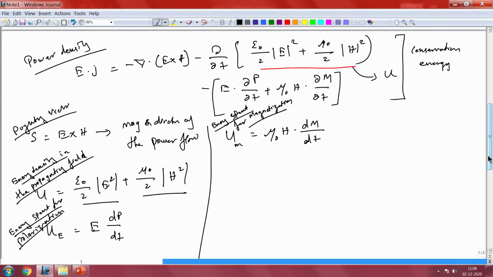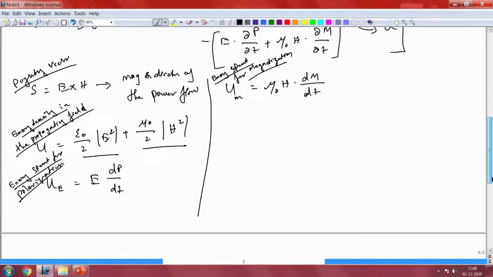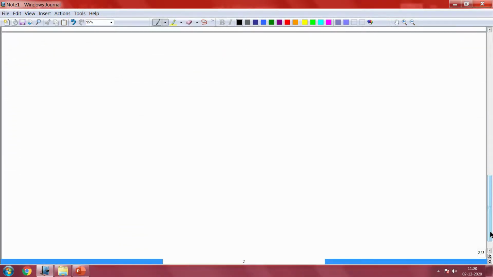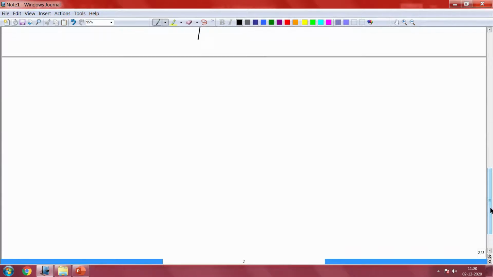Let's look at what is the effect of a wave if it is a very simple linear and non-dispersive medium. Let's look at that rather quickly. Okay. So you can take it from here.